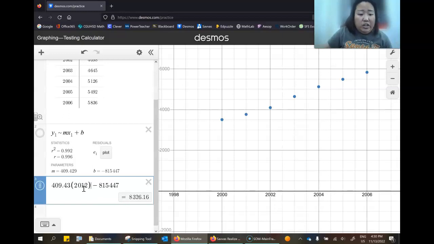So if you change it to 2012, okay, we can say that the tuition will be around 8,326 and 16 cents. Okay, so that's your prediction based on the equation that you are able to get from the line of best fit.